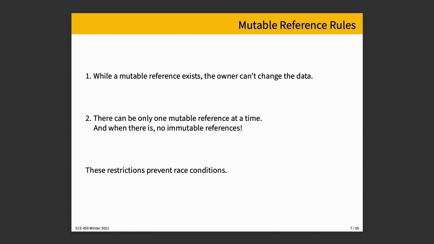And if there are immutable references at the time where there is a mutable reference, someone could change the data using the mutable reference, and that results in a race condition with the reads of the immutable ones. So the goal is to prevent any possibility of a race condition.